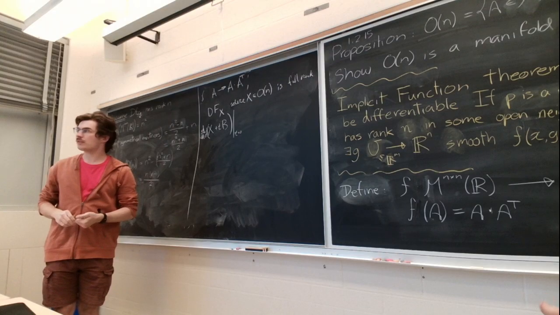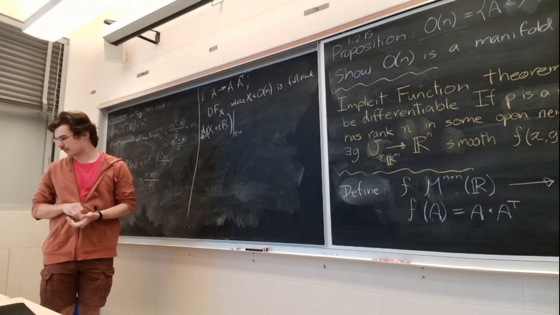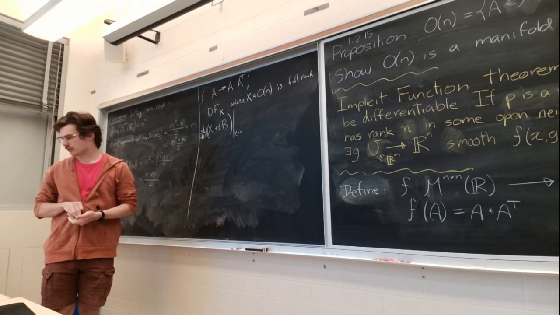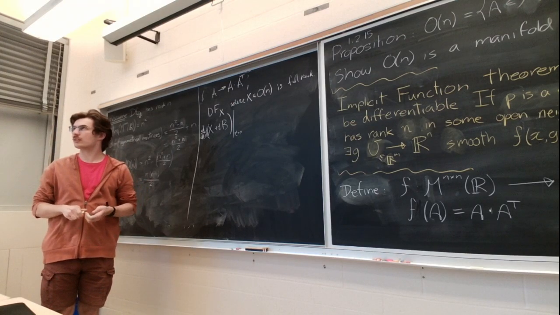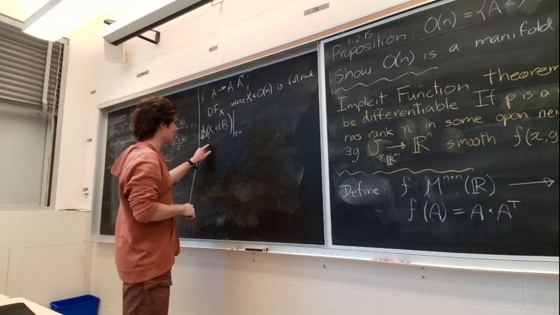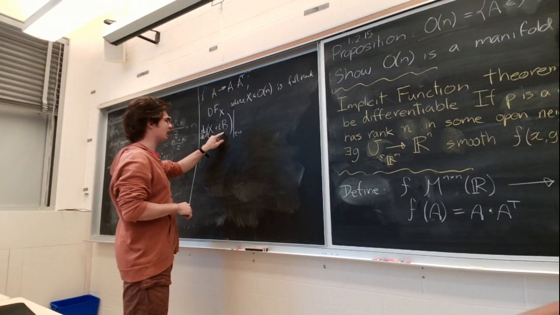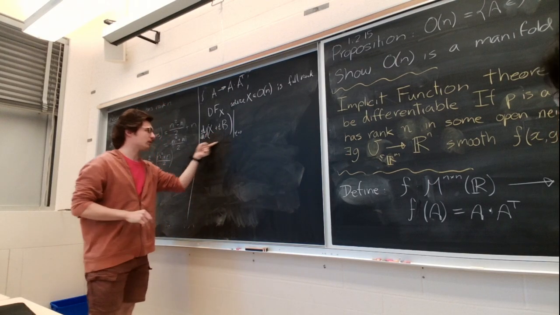What is the tangent space of the symmetric matrices? It's just everything that's symmetric matrices again? Something like this? I don't know, regardless. So we want to show that I can always pick a B such that I get any tangent vector that I want after I take this derivative.